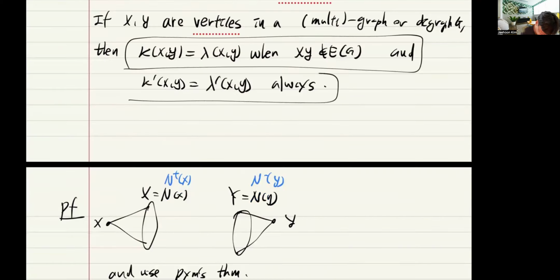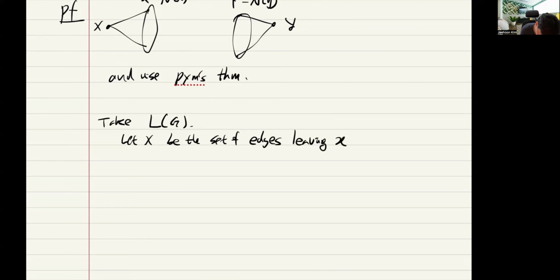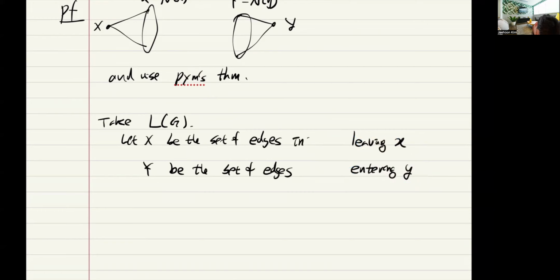And then for the second statement, the edge version, we take the line graph of G. And X is the set of edges leaving x, Y is the set of edges entering y. For the undirected case, we just take the edges incident with x and incident with y.